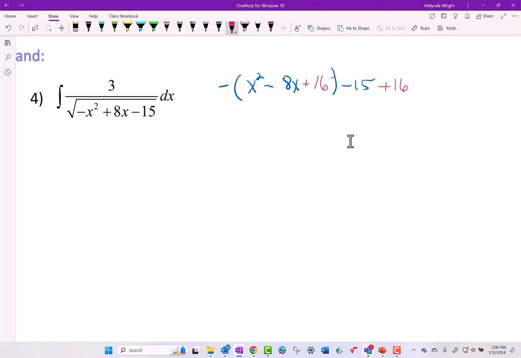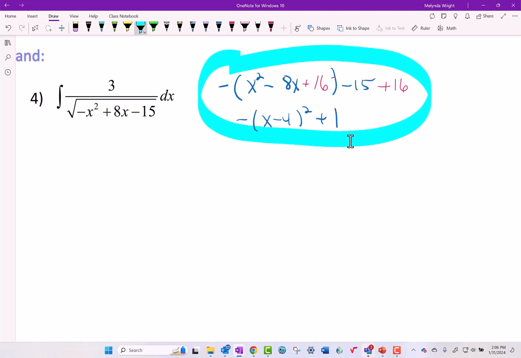Okay, this is the completing the square part. I'm going to pause. Are we okay? Okay, so let's factor this. So this would be what, x minus 4 squared plus 1. This is the completing the square part. Okay, this is just the work for completing the square.